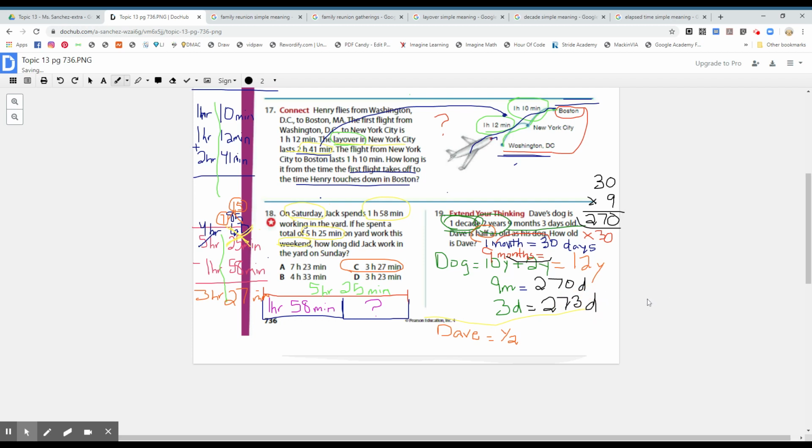Okay. So then we can divide the years in half and the days in half. That's an option. So half of 12 years is 6 years. And we can divide that in half.